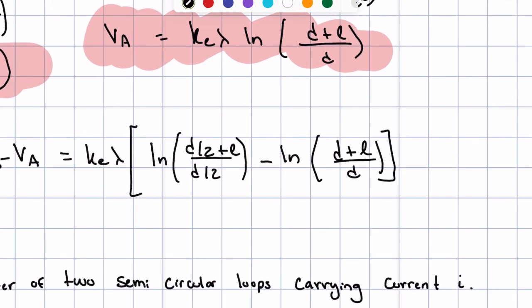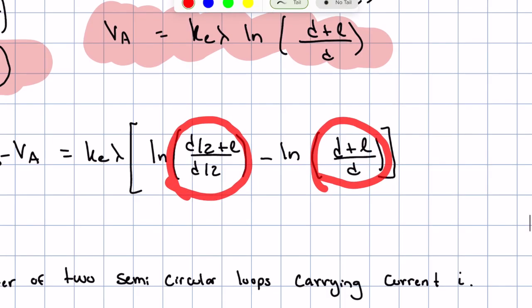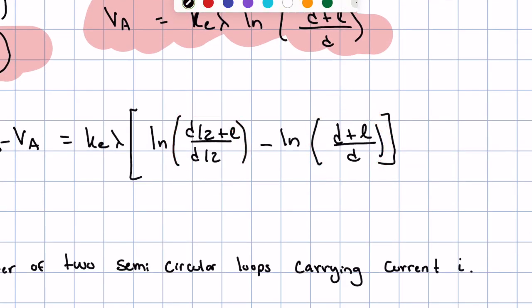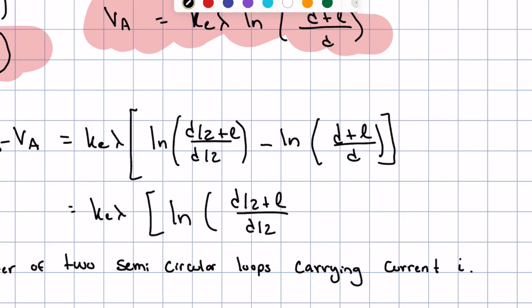So we're going to combine them as we have been doing, where we're just going to divide this by this. Essentially we're going to have this multiplied by the inverse of this, and that is going to be equal to Ke lambda ln of d over 2 plus L divided by d over 2, times d over d plus L. A couple things cancel.